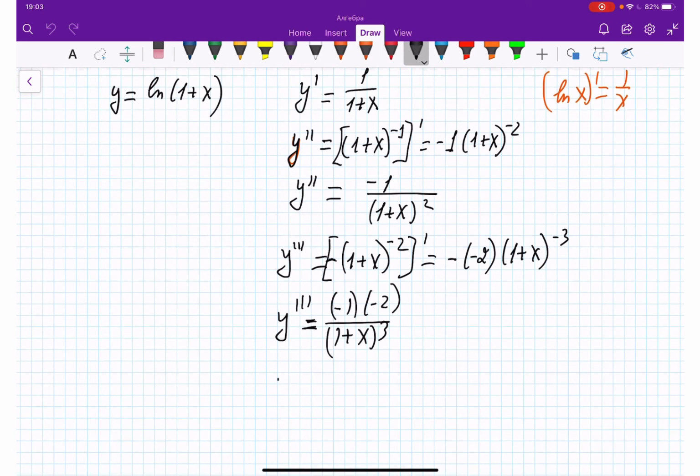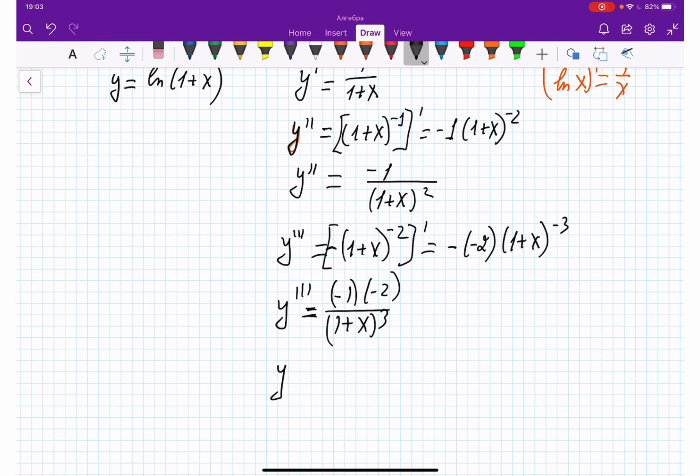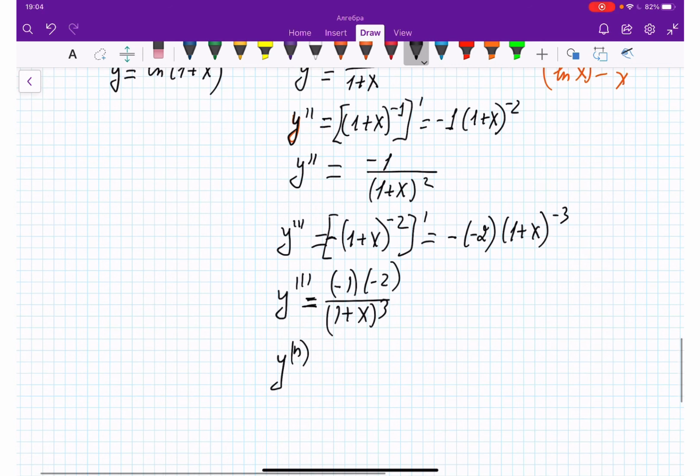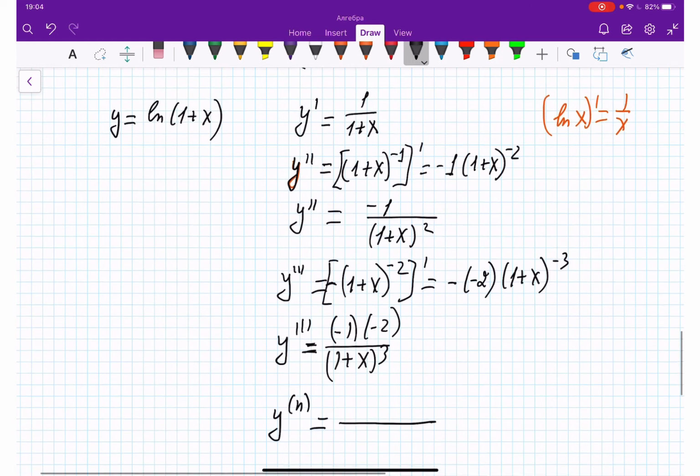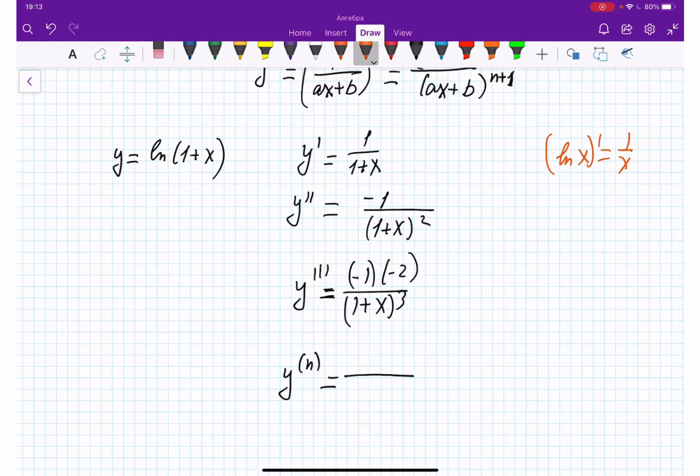Next, y to the nth order derivative is going to be equal to, what an ugly y. So let's summarize what we have. Here we have 1 with plus, and then 1 with minus.